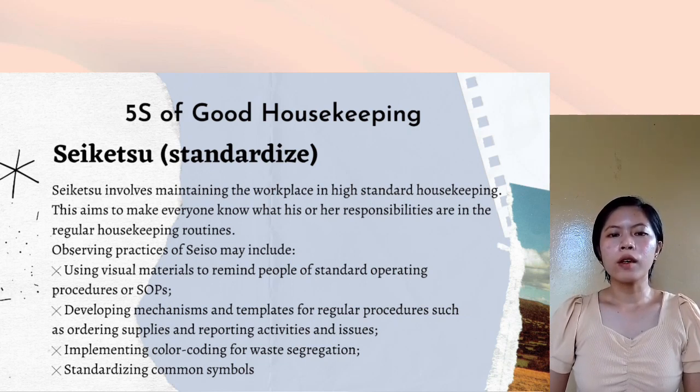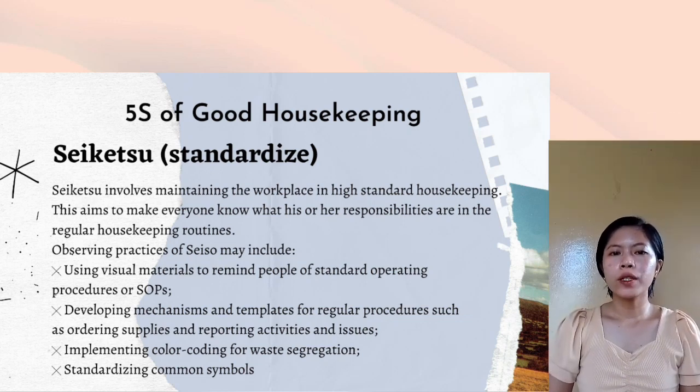Observing practices of Seiketsu may include using visual materials to remind people of standard operating procedures or SOPs, developing mechanisms and templates for regular procedures such as ordering supplies, and reporting activities and issues, implementing color coding for waste segregation and standardizing common symbols.